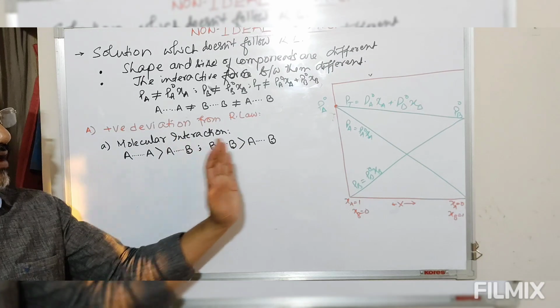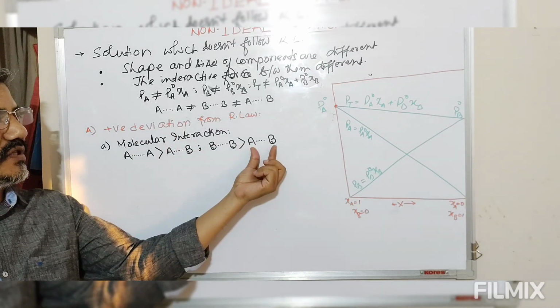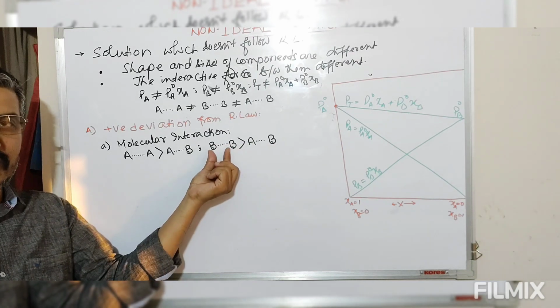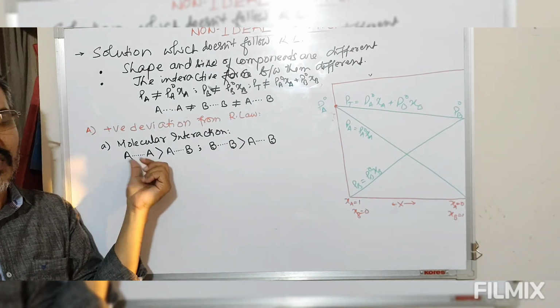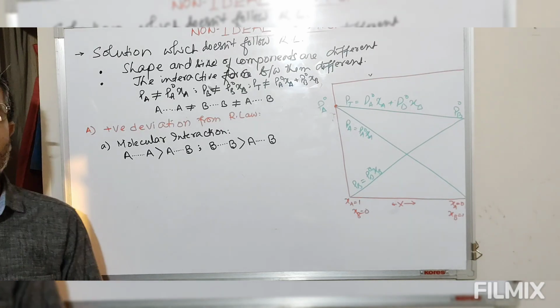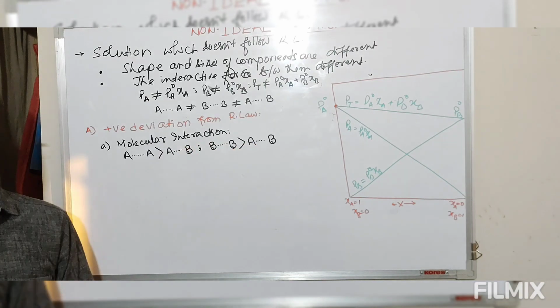There exists a weaker interactive force between the components A and B than those existing between BB molecules or AA molecules. So sometimes, in other way, we can say there is some repulsive force that exists between A and B.